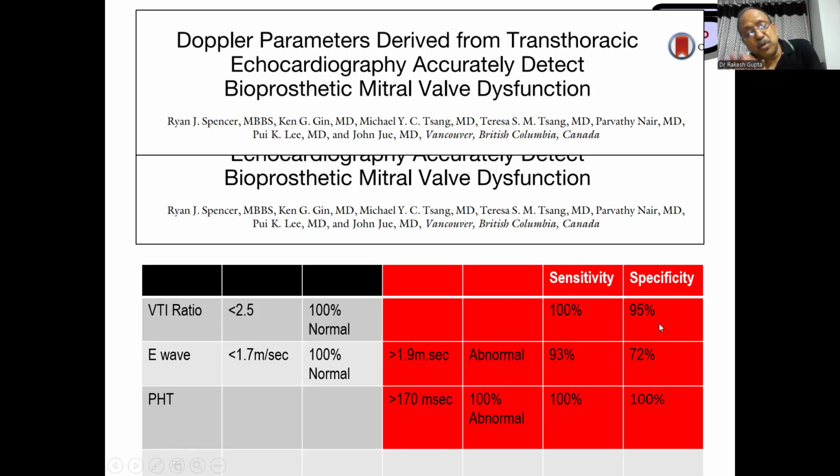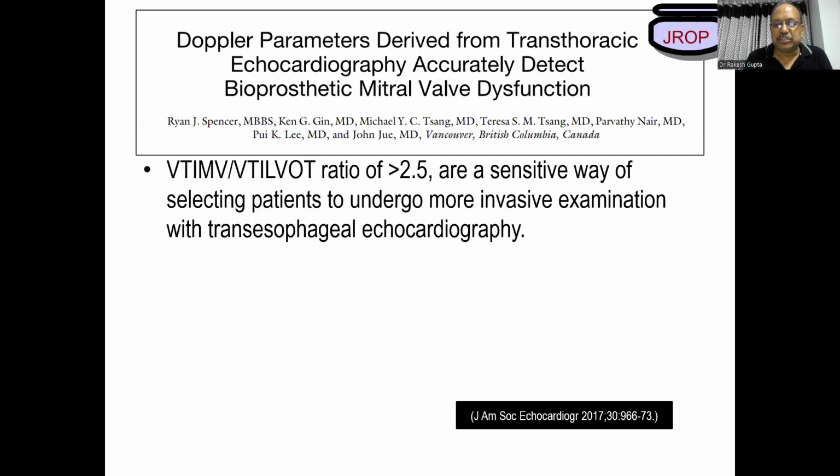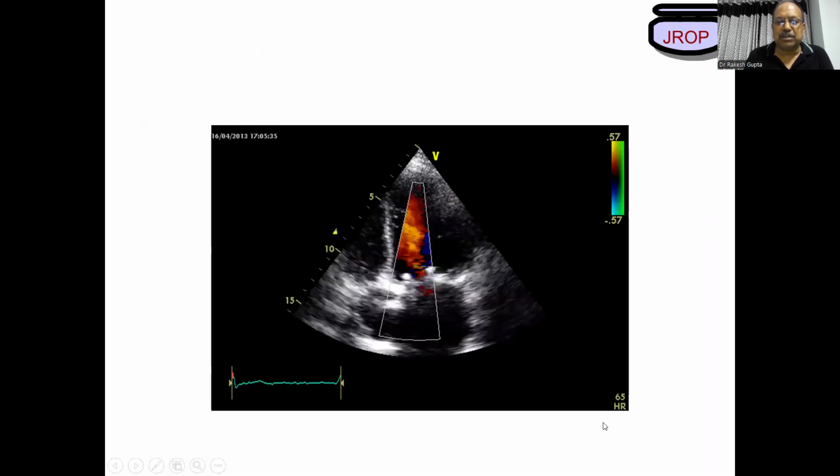So when we look at a bioprosthetic valve, we look more at pressure half time and the velocity time integral ratios, not at peak velocity and mean gradient. And that's what has been amply said in this paper, which was published by the American Society of Echocardiography in 2017, because we were facing the same problem a number of times.